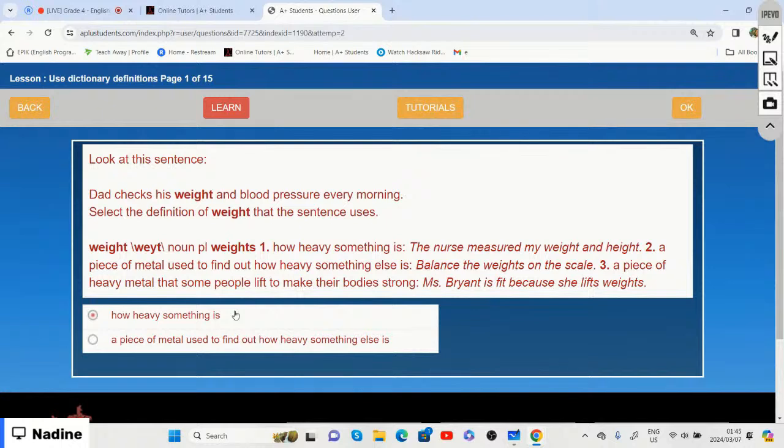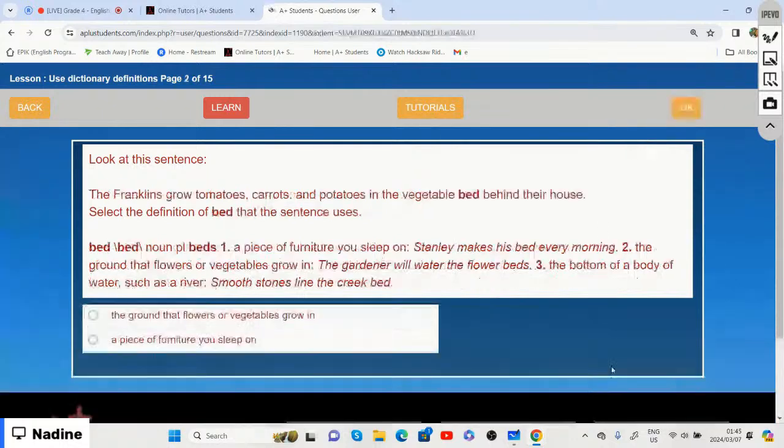Let's choose this first one. Weight. Yes. So the first one is how heavy something is.